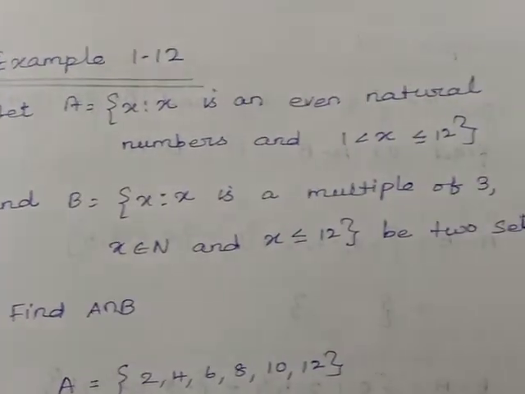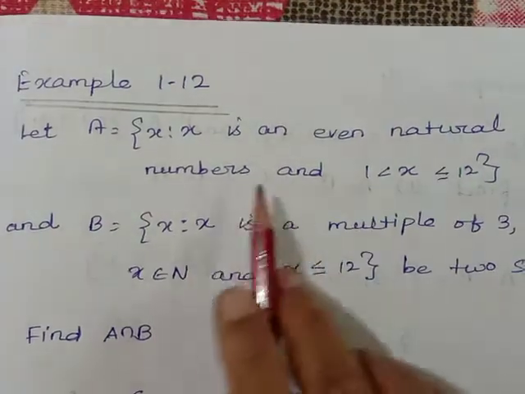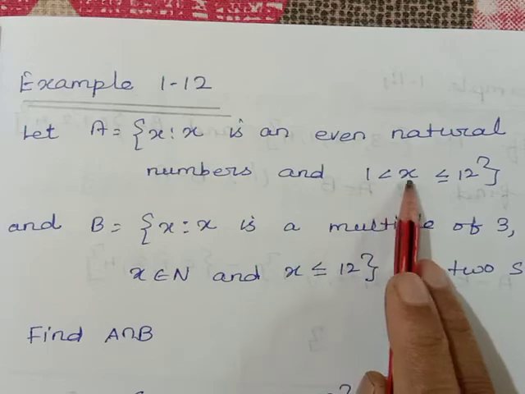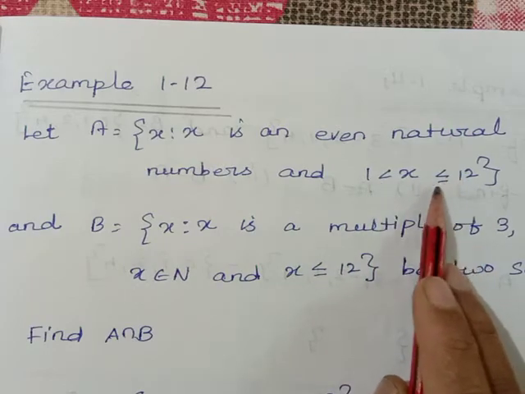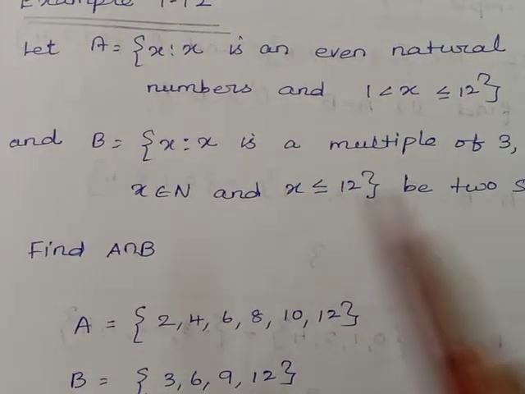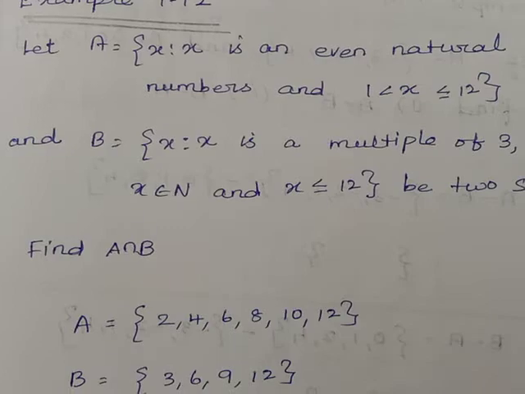Example 1.12. Let A equal x, where x is an even natural number and 1 is less than x, and x is less than or equal to 12. B is x, where x is a multiple of 3 and x belongs to natural numbers and x is less than or equal to 12.